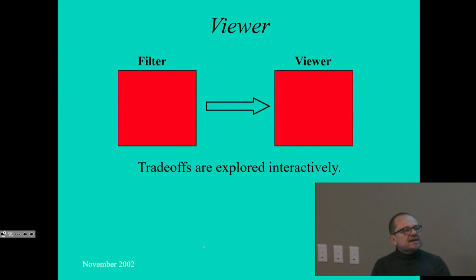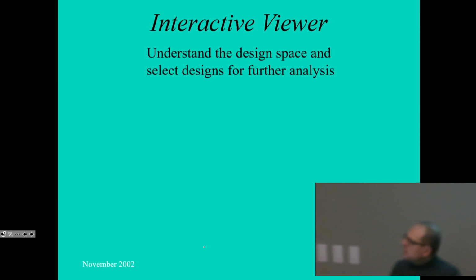Then, the next step is, let's view the trade-offs. Let's now bring the human into the loop. And that was the project for which Professor Chandrasekaran was funded by DARPA, about inserting the human in the loop of AI-based design optimization techniques.